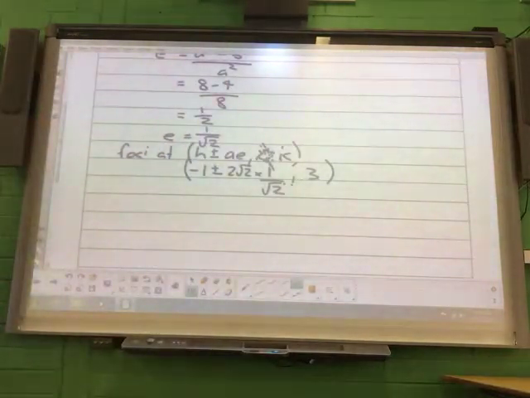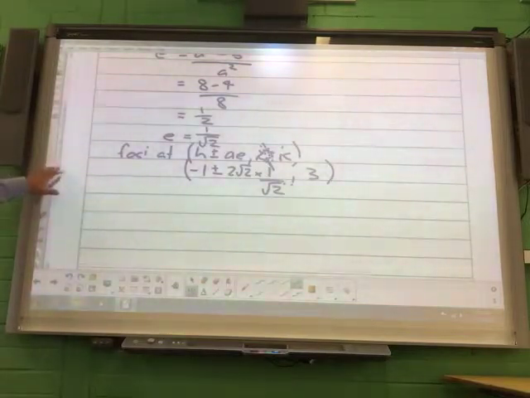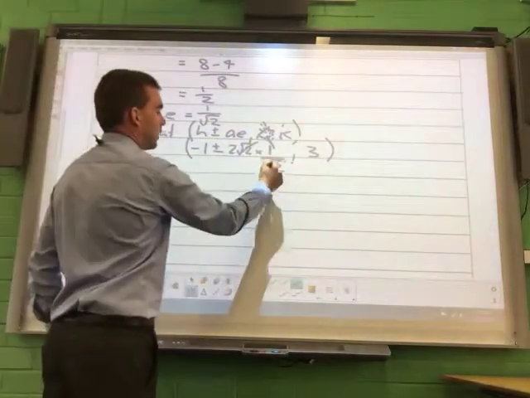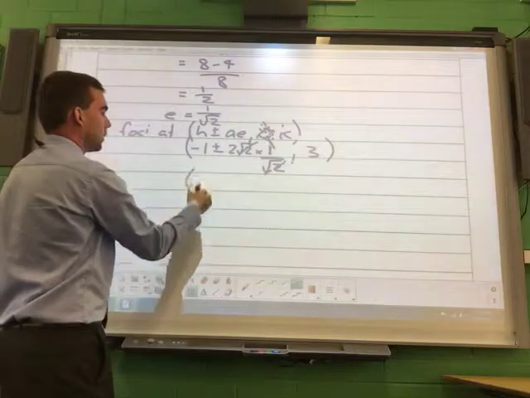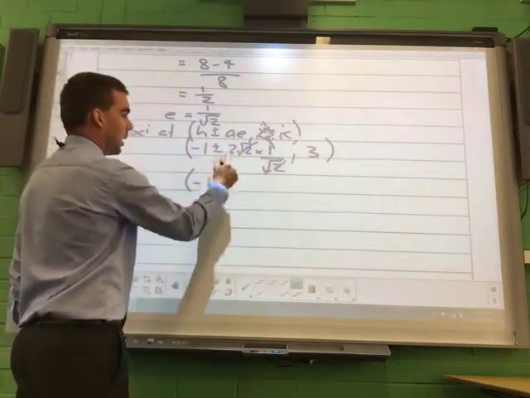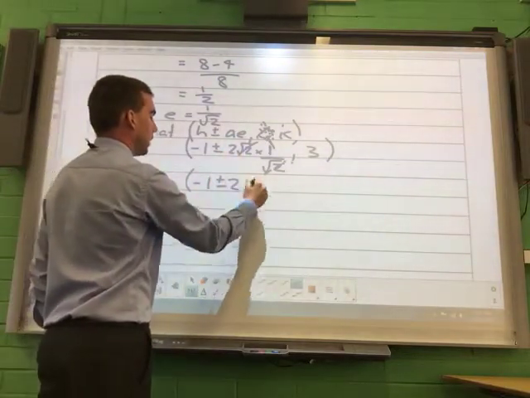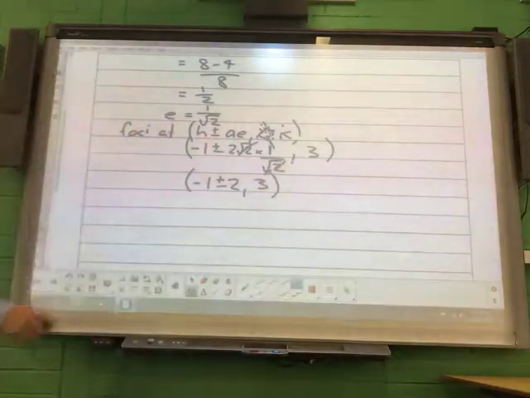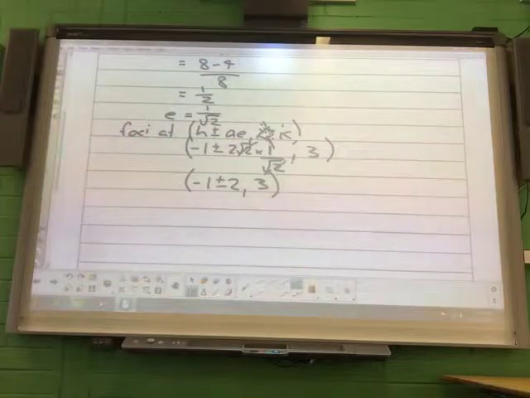So the foci are going to lie in the same horizontal alignment as the centre. Right, so they can cancel. We've got minus 1, plus or minus 2, and 3. So the foci are at minus 3, 3, and 1, 3.